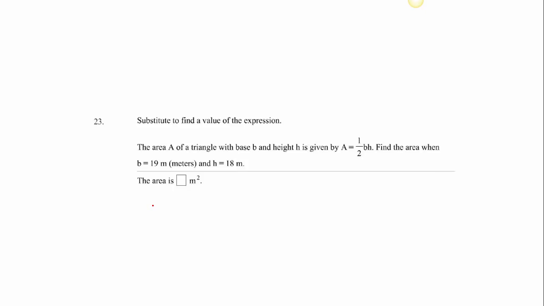Substitute to find a value for the expression. We're going to find the value of the area of a triangle with base equals 19, height equals 18. So let's go ahead and find the area. A is 1/2. The base is given to be 19 meters, and the height is given to be 18 meters.